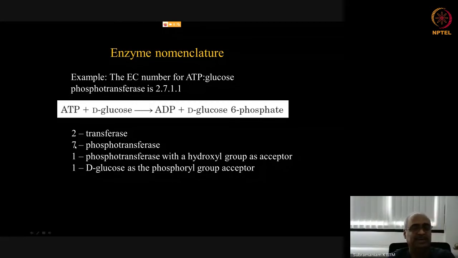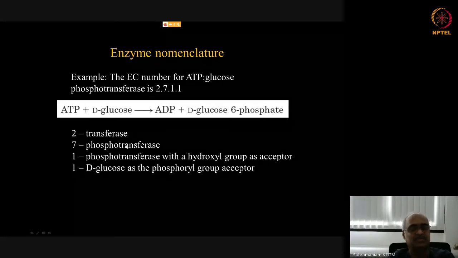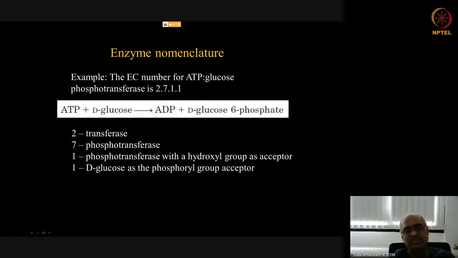Now, where is this phosphate getting transferred to? To answer that, you have subgroups within 7, and this is number 1 because it transfers the phosphate group with the hydroxyl group as acceptor. In glucose, you are familiar that you have hydroxyl groups, the alcohol groups, and to one of them the phosphate group is transferred.